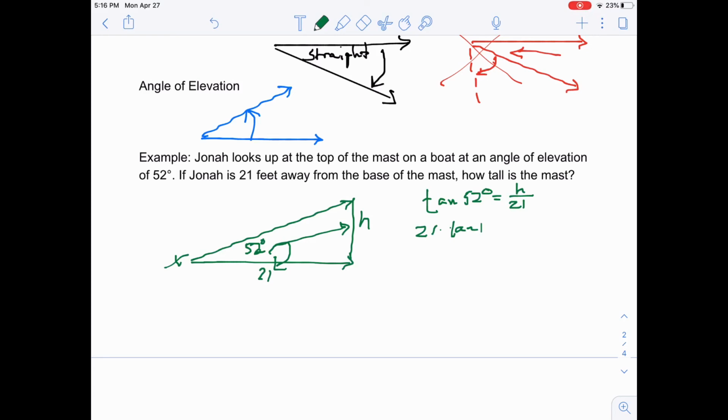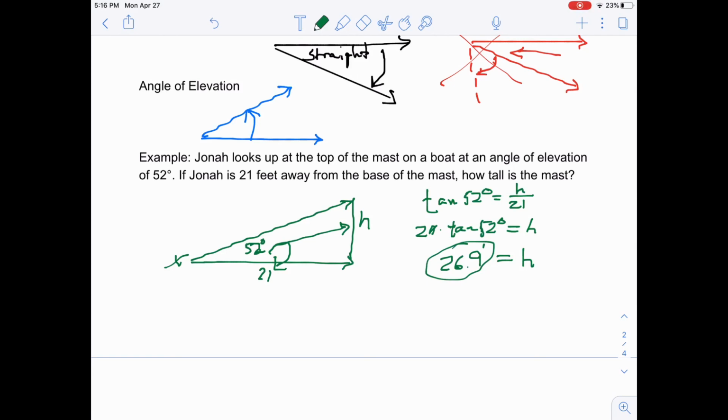So you get 21 times tangent of 52 equals h. We do that on our calculator, 21 times tangent of 52, we get about 26.9 feet for the height of the mast.